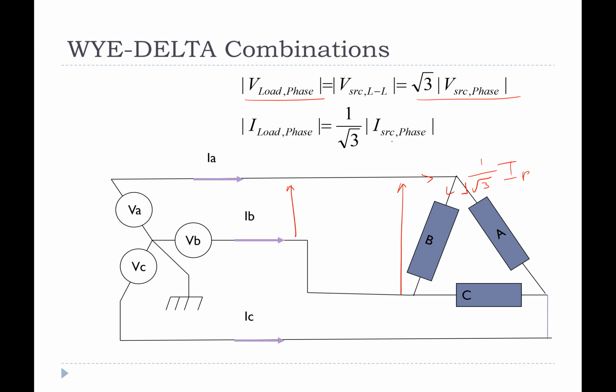The source would not be able to tell the difference between the two sets of connections. So that is what we want to look at.